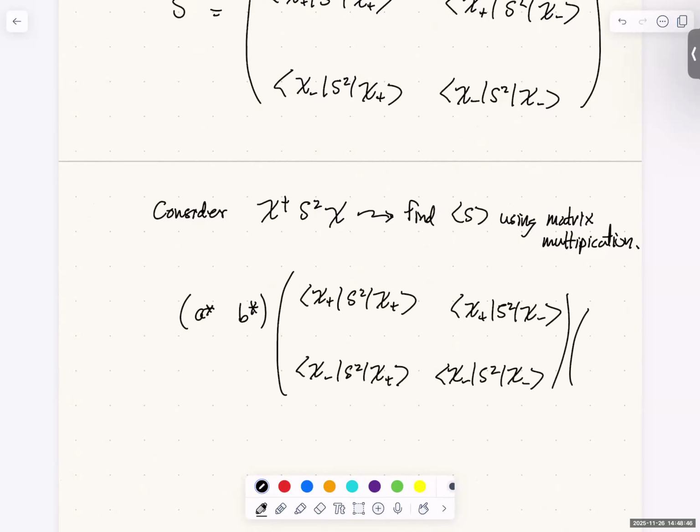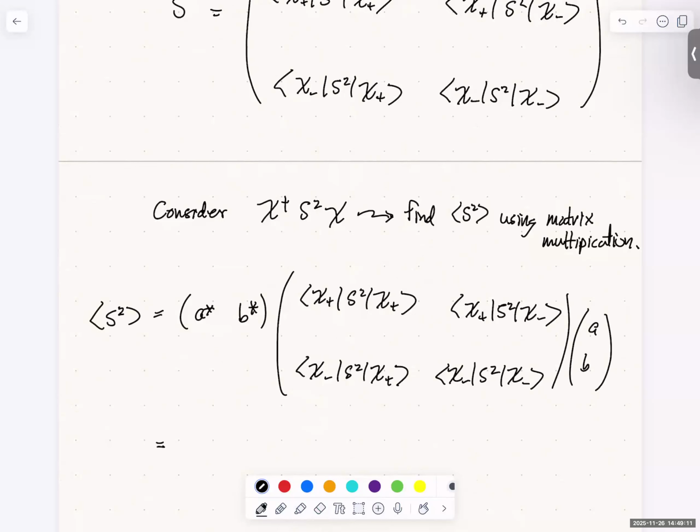And then we still have our chi column matrix, A, B. We're trying to show that this is the expectation value of S squared, and I just realized this has to be an S squared. Okay, so we'll first do the multiplication here.